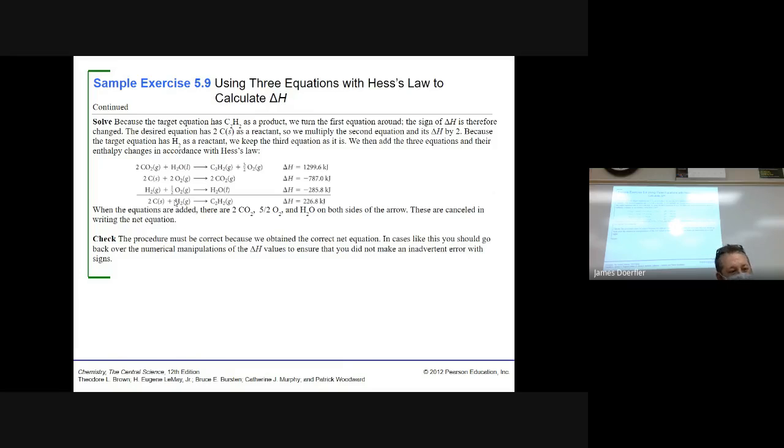So after you've eliminated everything that's the same on both sides, you now are left with the target equation. And again, one of the last steps you want to do is after you've confirmed that all of your manipulation has matched your target equation, then solve for your delta H by adding all the delta H values together. So again, it's the same process as Friday, just adding one line.